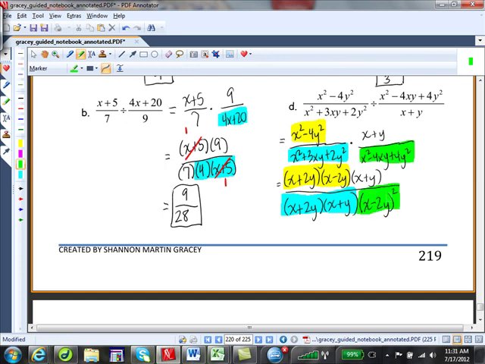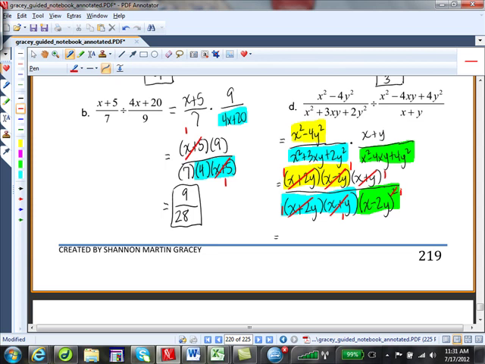All right, so here we go. We've got x plus 2y divides out. The x plus y's divide out. We have one of these, so it will divide out one of those.